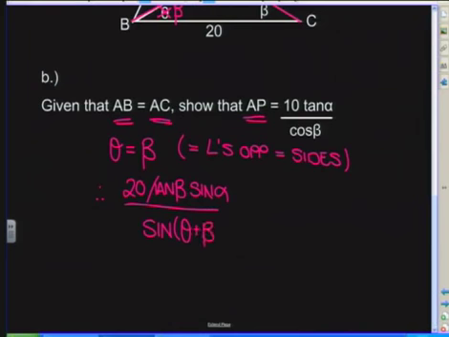Okay, so that's what they've just asked me to prove in the previous question. That's what they wanted me to find AP to be, all right?